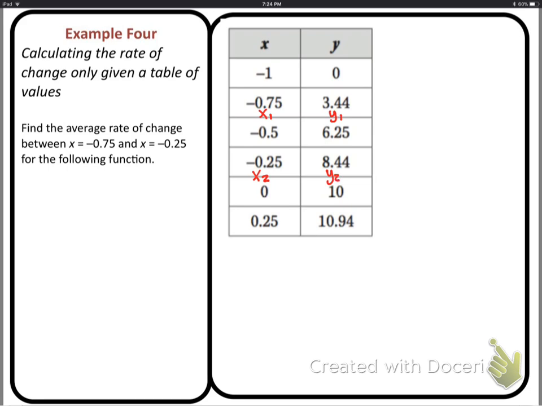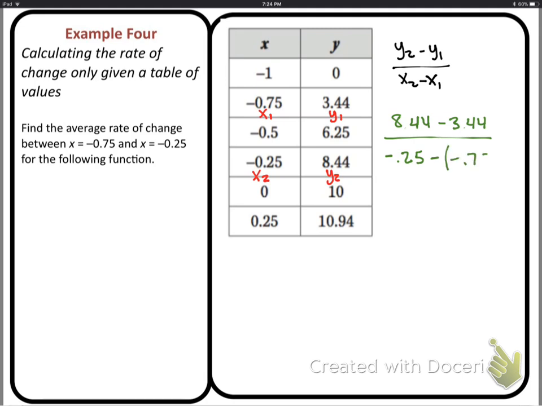And again, remember that formula: y2 minus y1 divided by x2 minus x1. And we go ahead and plug them in. All the data is given to us already. So we've got 8.44 minus 3.44 divided by my x2, which is -0.25, minus -0.75.